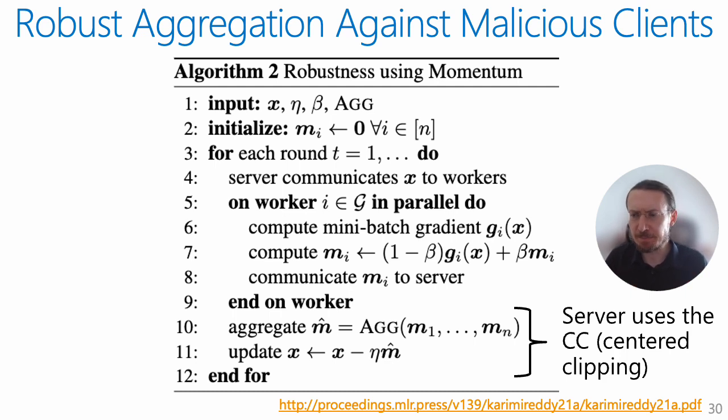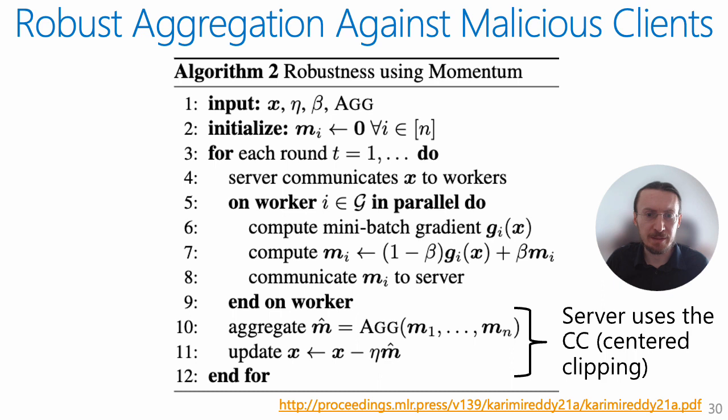We can set this beta, for example, to be 0.99. Here we want to ensure that the clients have updates with some momentum, and this is quite a large weight, 0.99, to ensure that the clients do not have too much variance.